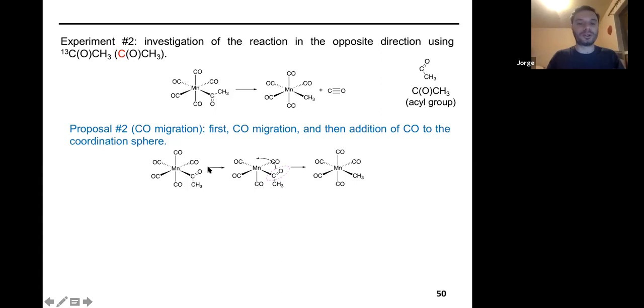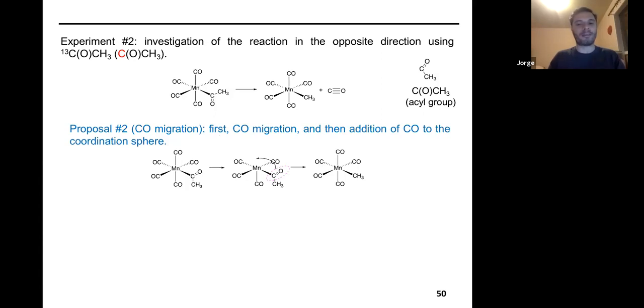Okay, according to this proposal, all the CO that this group has is going to migrate to the vacant site, and that will reestablish the starting complex. So there is a loss of carbon monoxide and migration of the CO group from the acyl group, and that reestablishes the starting complex.